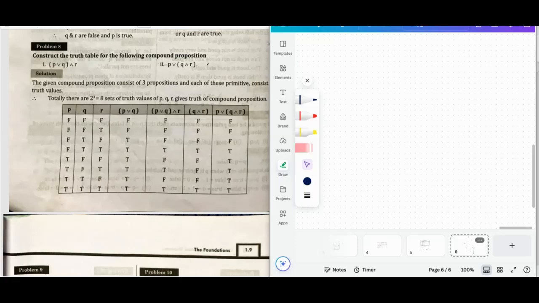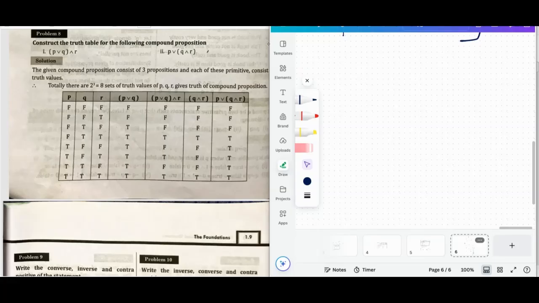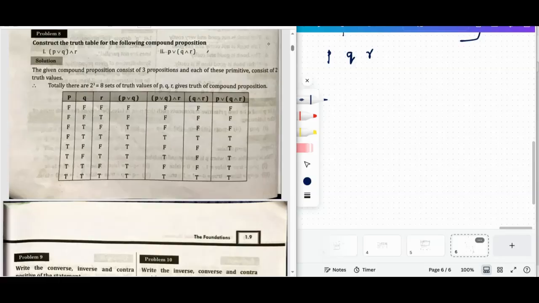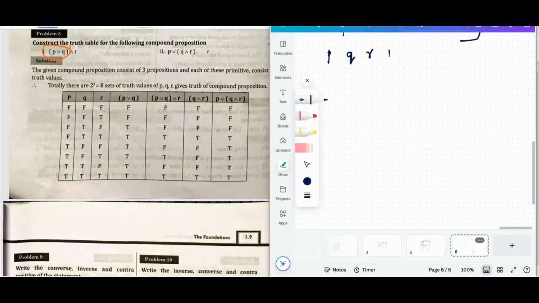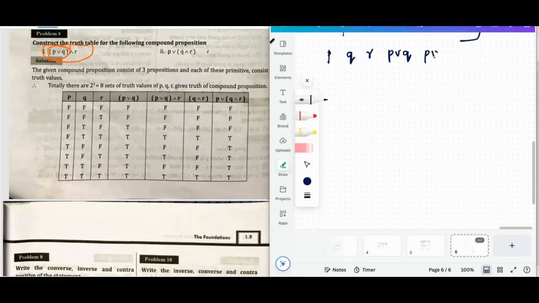There are three unknowns, that is variables, P, Q and R. Then it's given here P or Q. So next one will be P or Q. Then along with P or Q you have and R, so you'll write P or Q and R. This will be your first part.